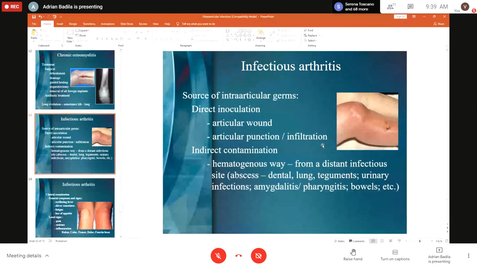Our third topic for today is infectious arthritis, and we will have a fourth, which is tuberculosis. For an infectious arthritis, we must have a source of the intra-articular germs.